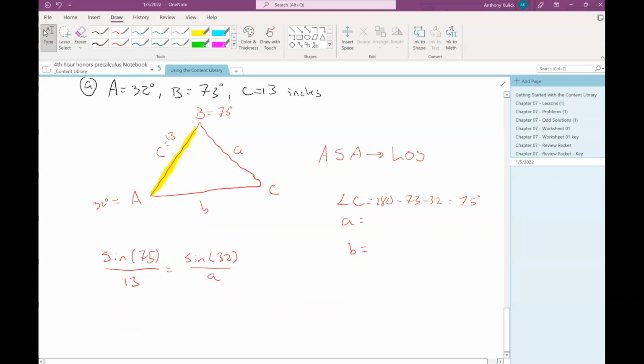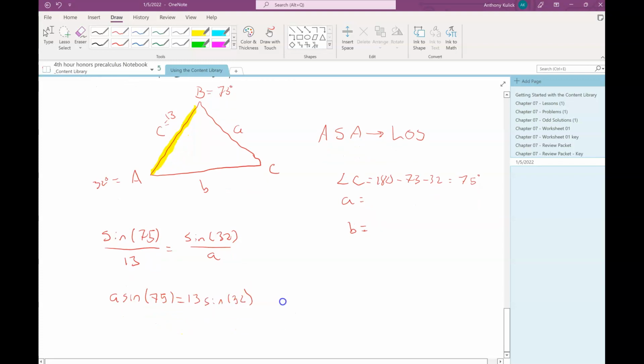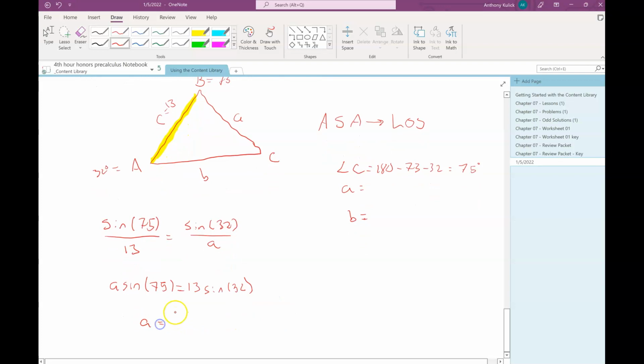And then we'll just cross multiply. So I have A times sine 75 is equal to 13 times sine 32. We'll divide both sides by sine 75. And then it's calculator time.